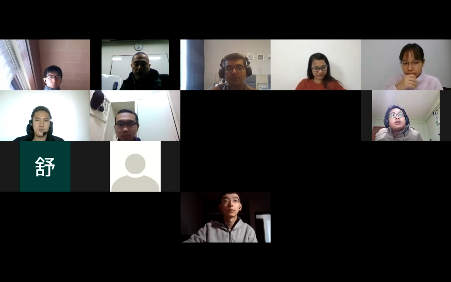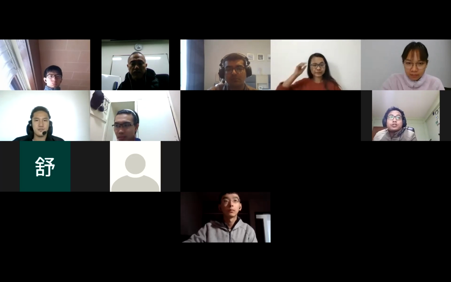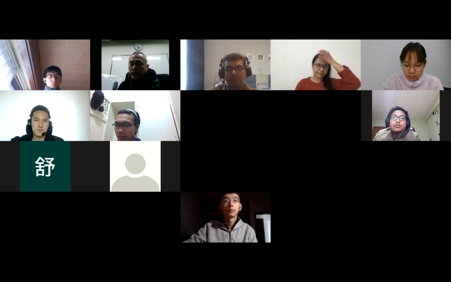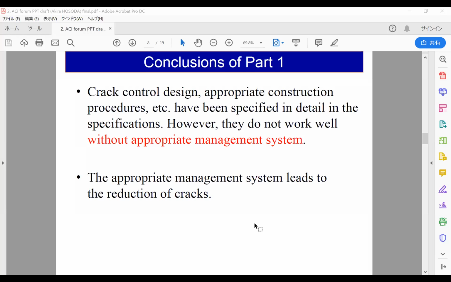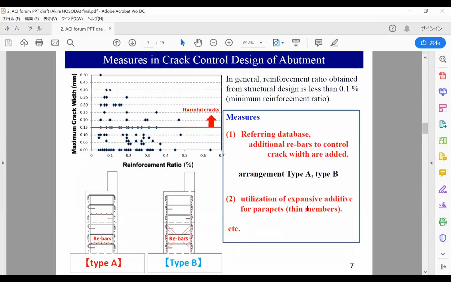Yes, Sensei. I would like to ask a question about the reinforcement ratio. What kind of concrete structure member is this reinforcement ratio for? I mean, is it a column, a beam, a slab, or something else? Today's scenario is about a crack controlling system, but this is an abutment for a bridge. This is a section drawing of the abutment.